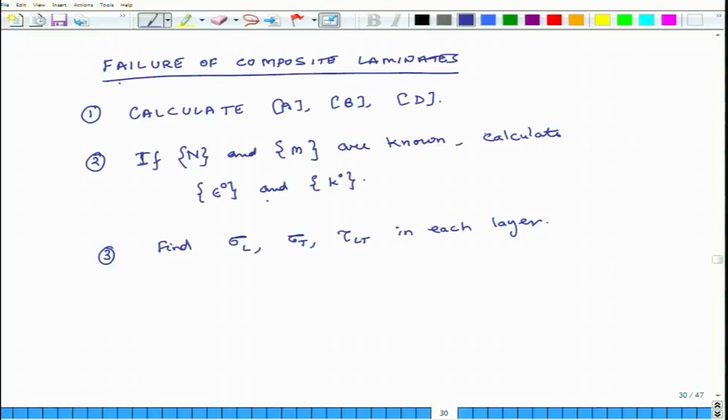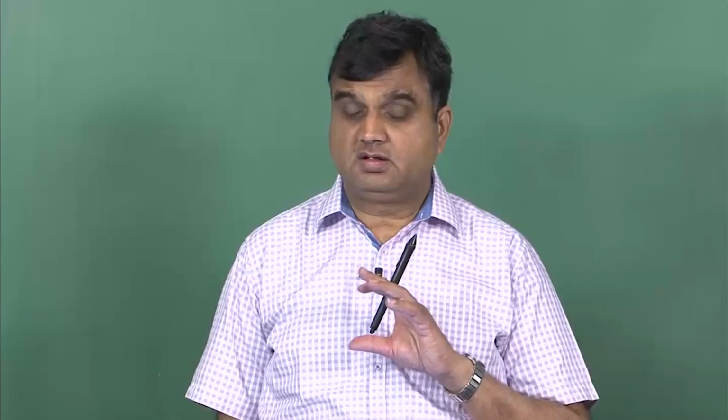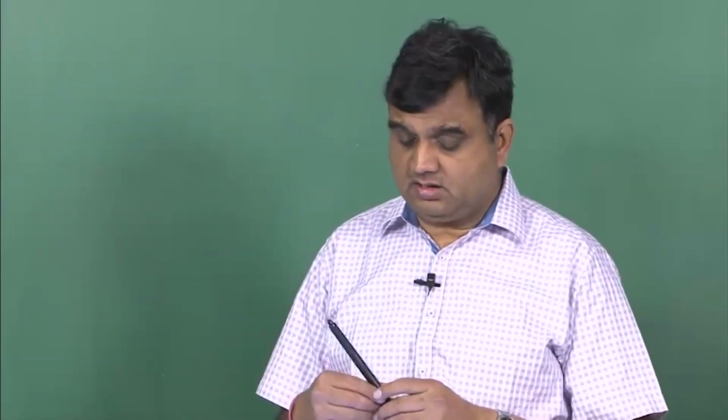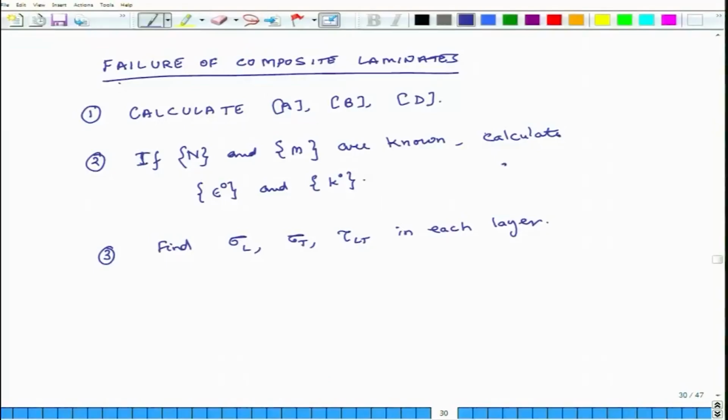Once we know epsilon naught and curvature, for each layer we can calculate strains in each layer, because strain vector is equal to mid plane strain plus Z times curvature.